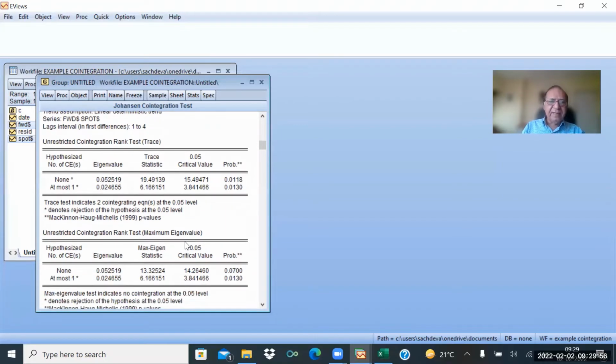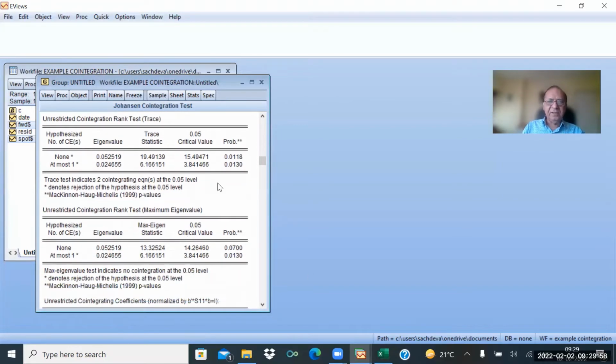But eigenvalue says that the number of cointegrations is none, at most one. The probability here is 0.0700, so it says there is no cointegration at none, because we cannot reject the null hypothesis.